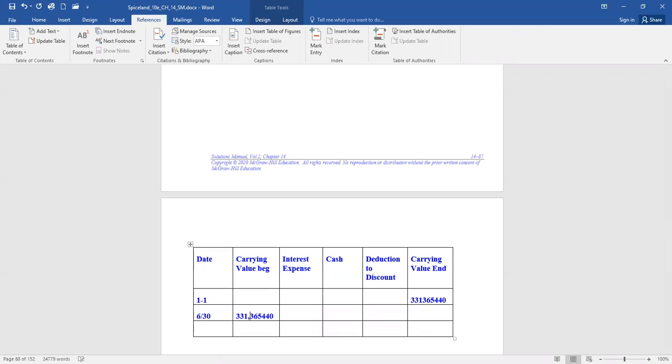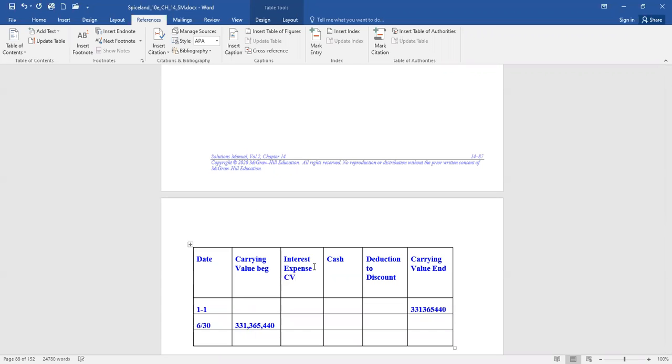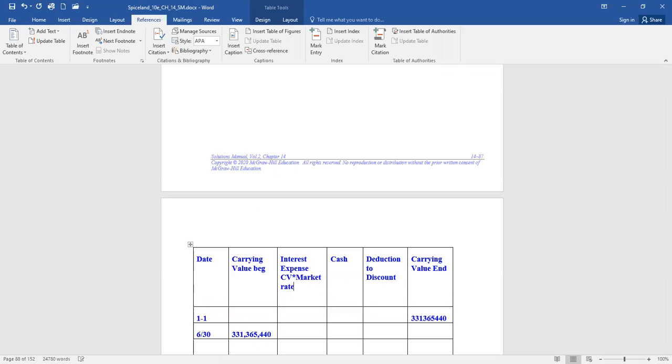That was our carrying value as of the beginning of this interest payment period. What we do is, and I'll put the calculation up here, we take the carrying value of the bond, CV, times the market rate times time.